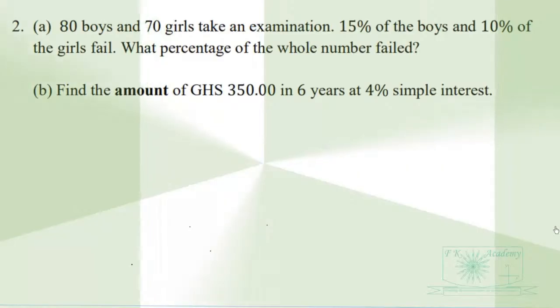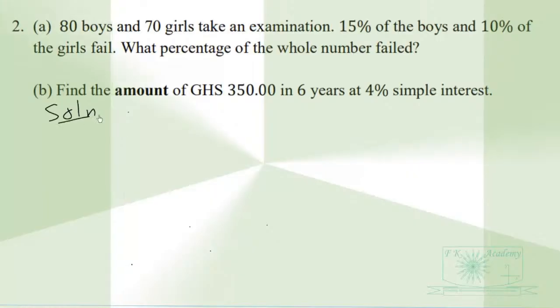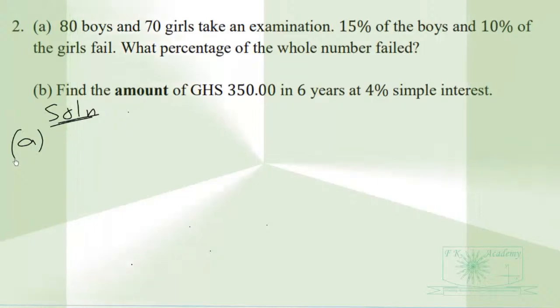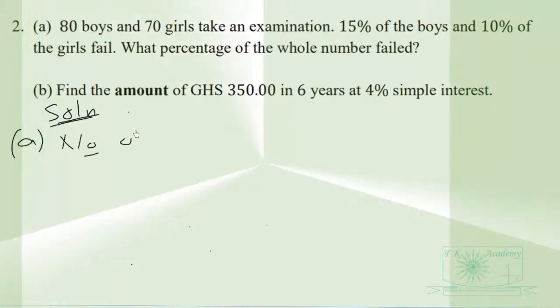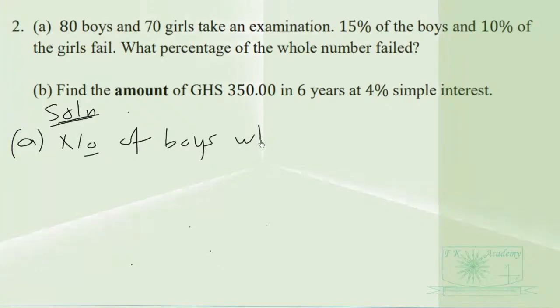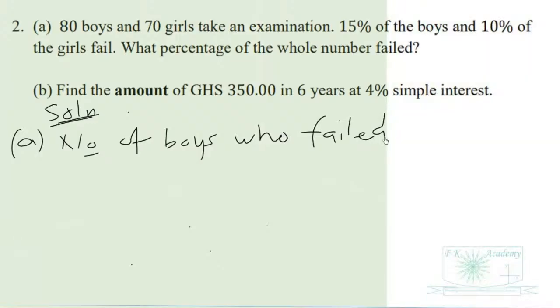So let's begin with the A part. 80 boys. So we want to find the number of boys who failed. So number of boys who failed will be equal to 15%.